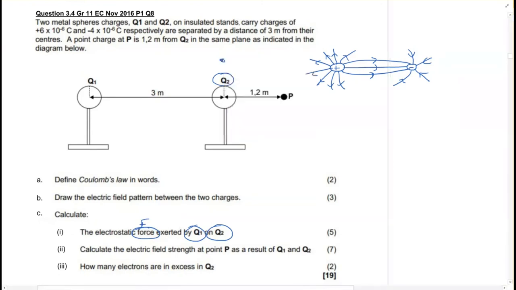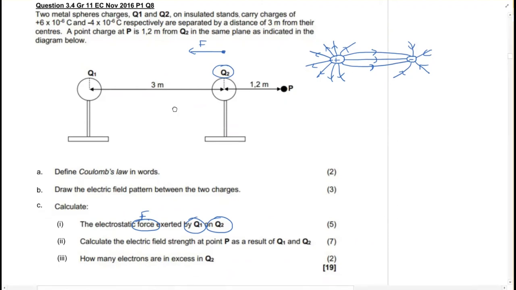Q2 is going to be attracted towards Q1. So it's going to be experiencing a force towards the left. So your direction is towards the left. Please check that. The memo says right. It's not towards the right. It's towards the left. Q1 experiences a force towards the right. But the question is asking the force on Q2. So our focus is on Q2.